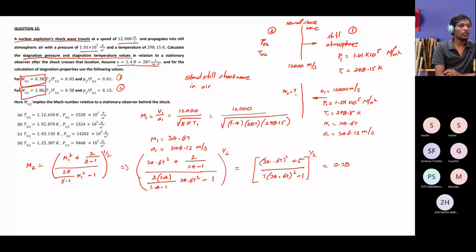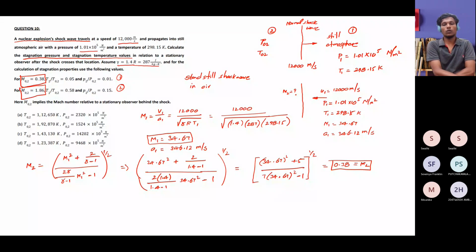You see, the relation is stating that if your Mach number M1 is around 34.67, you will get M2 equals 0.38. It is really a huge change when you compare the upstream Mach number and the downstream Mach number.